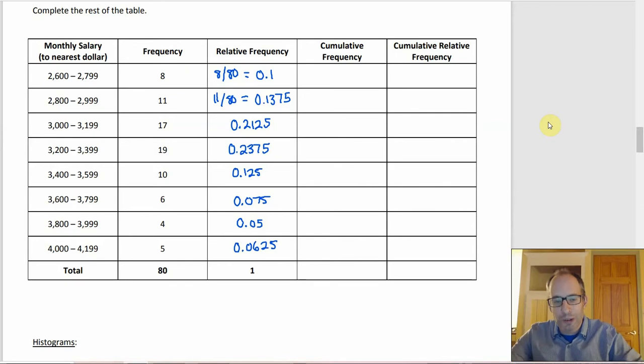The cumulative frequencies, well, that first class, there's nothing before it, so it's just 8. But then the one after it, you'd have the 11 for that class plus the 8 before it. So 8 plus 11 is 19. Then 17, you could say it's the 19 before it plus 17, which is 36.